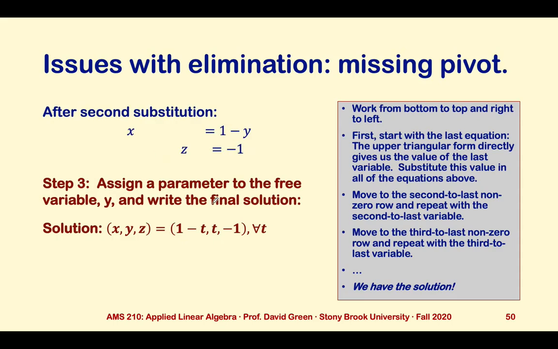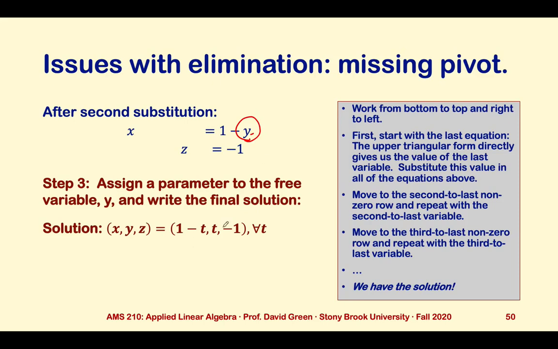We have our solution. Once again, we have our solution in terms of our free variable y. Note that not every variable has to have that free variable in it. z is well defined as a single value, but x has this flexibility of the free variable.